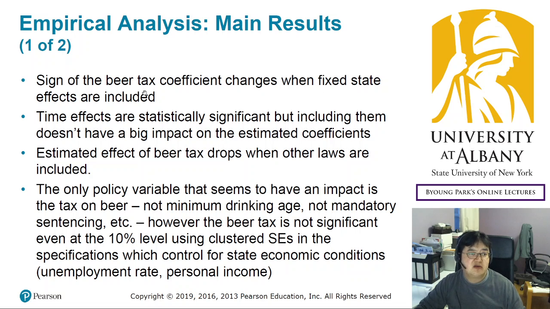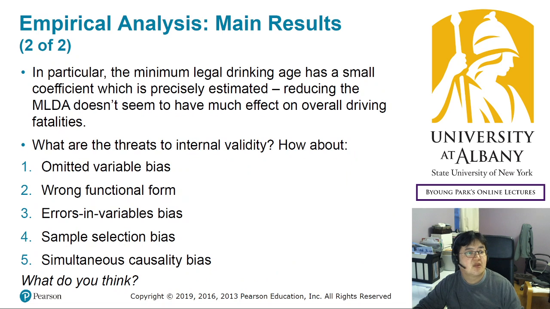Exactly the same thing: the beer tax sign changes when fixed effects are included, and time effects are significant but do not have much impact, and so on. You may read it. So economic variables are important. Beer tax seems to be negative, but it is not statistically significant.